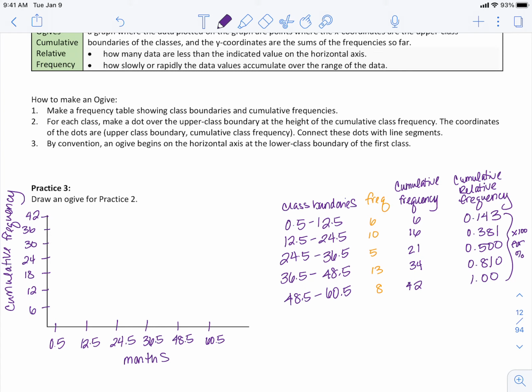So our first point is 0, and that's going to be at 0.5. At 12.5, so at the end of that class boundary, our frequency is 6. At 24.5, our frequency is 12.